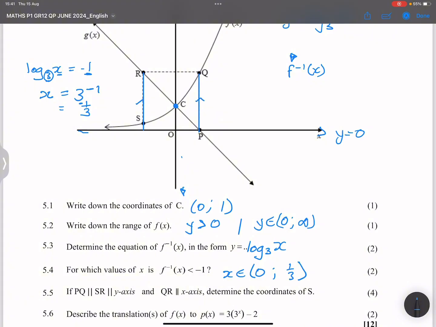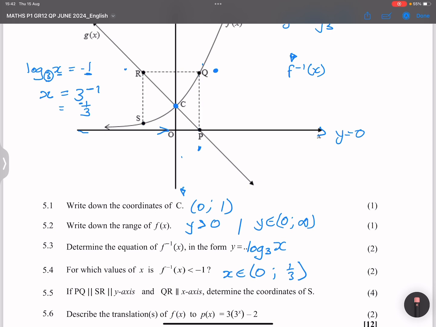If it is a vertical line, the x value at P will be equal to the x value at Q. And they say QR is parallel to the x-axis, so this line is a perfectly horizontal line. When a line is horizontal, the y value at Q will be equal to the y value at R.